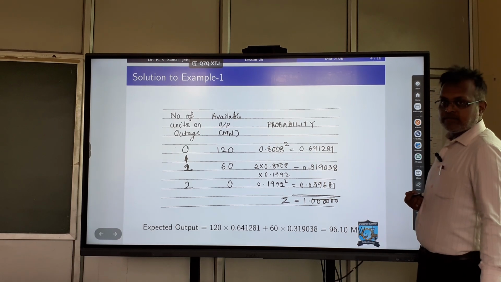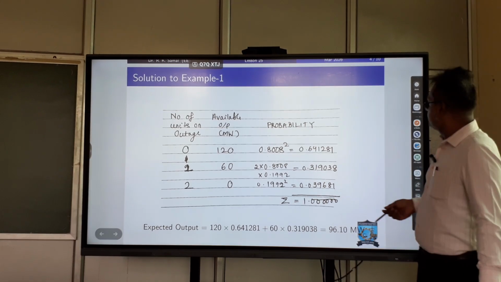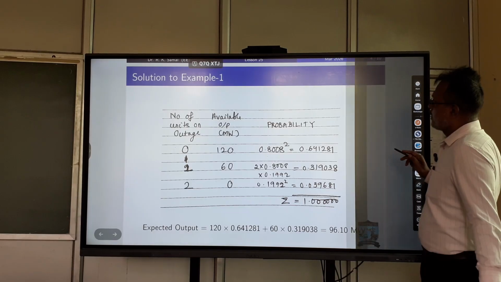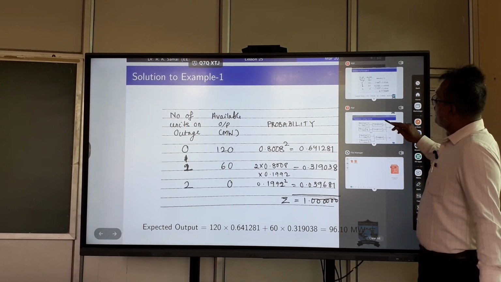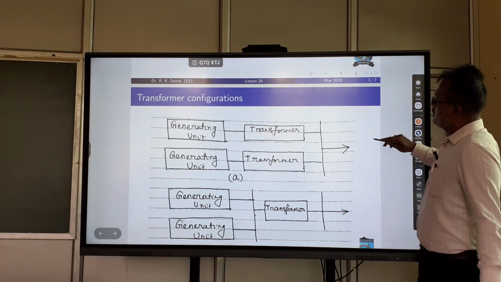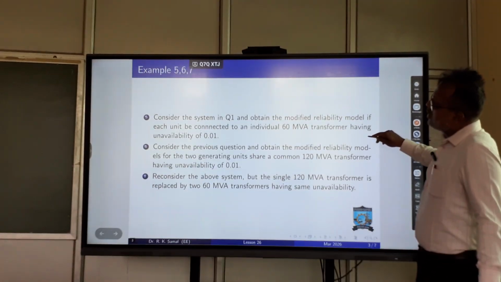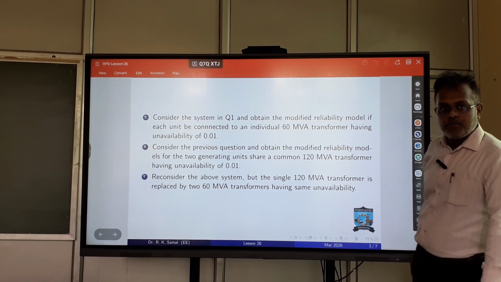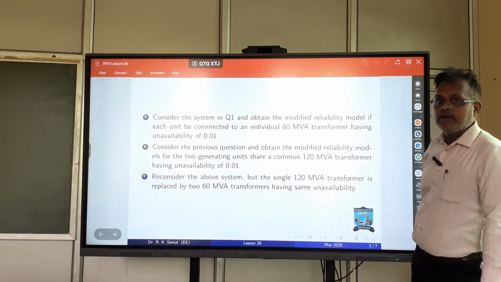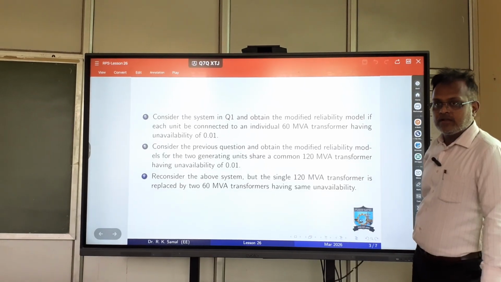Okay, solution to example 1. Computed this. Then it says that on top of that, use a 60 MVA transformer with an unavailability of 0.01. So how will that be affected?